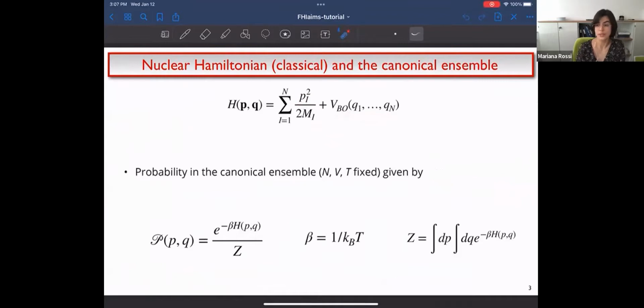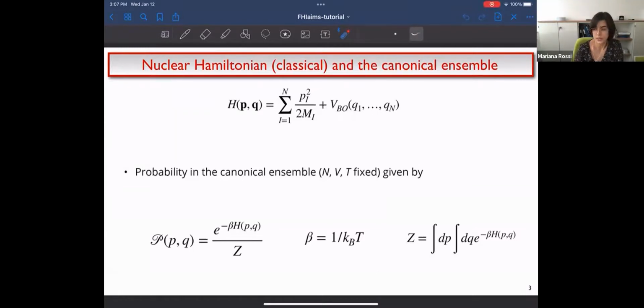And in order to motivate some of the powers of molecular dynamics in general, I would like to tell you a little bit about probabilities and probability distributions and why we can use molecular dynamics in order to explore some thermodynamic properties of systems.